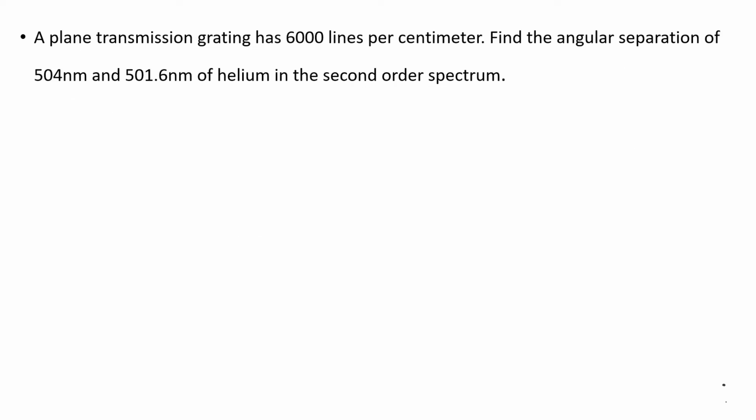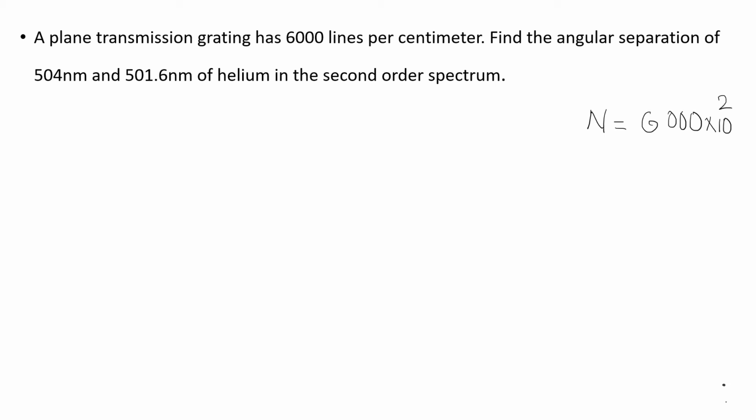And the next is, a plane transmission grating has 6000 lines per centimeter. Find the angular separation of 504 nanometer and 501.6 nanometer of helium in the second order spectrum. In the problem it is given that N is equal to 6000 lines per centimeter, that is 6000 into 10 square lines per meter.